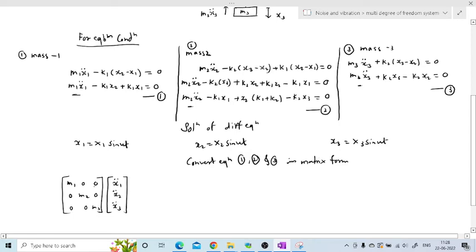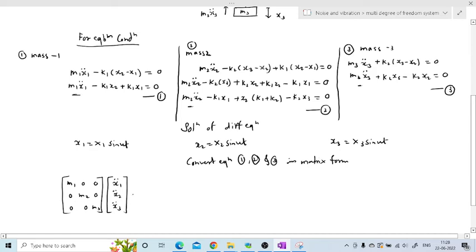Multiplying row with column, the first equation gives m1 x1 double dot; the two other terms are 0 because the first equation doesn't have x2 double dot, x3 double dot. In the second equation we don't have x1 double dot and x3 double dot, so those terms are 0, and for the last we have x3 double dot, so the first two terms are 0.